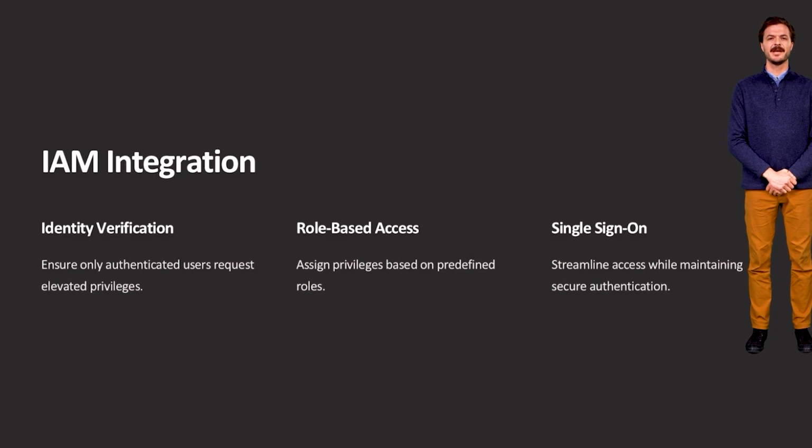This integration enables centralized management of user roles and permissions, ensuring that privileged access is granted based on the principle of least privilege. Additionally, it allows for better auditing and compliance, as all access activities can be tracked and reported. Overall, this integration improves security posture, reduces the risk of insider threats, and enhances operational efficiency.